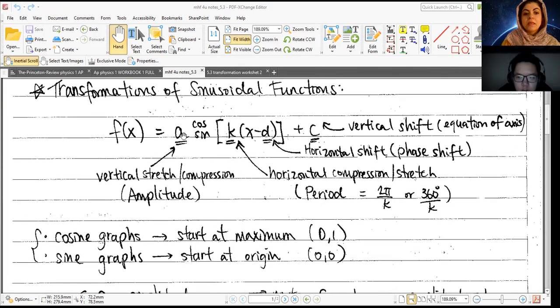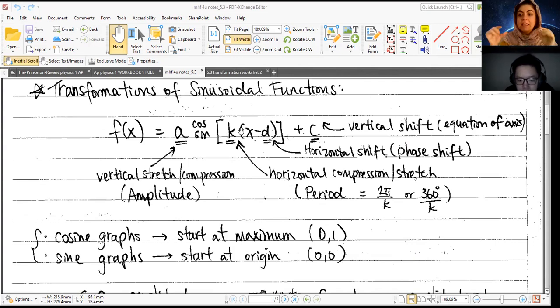A is a vertical stretch or compression, so it will affect the amplitude, right? The amplitude, which is half the distance between the maximum and minimum, will be affected by A. K is a horizontal stretch or compression, so it will affect your period.